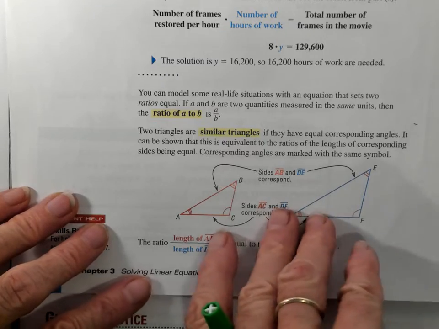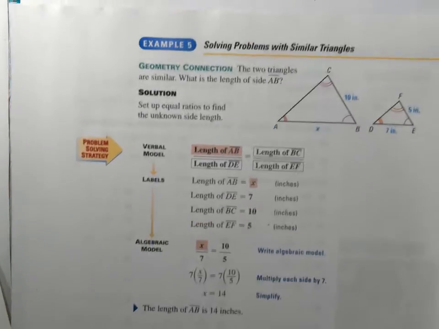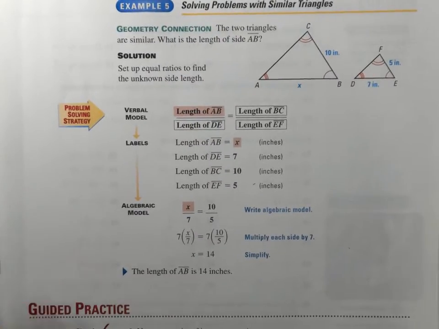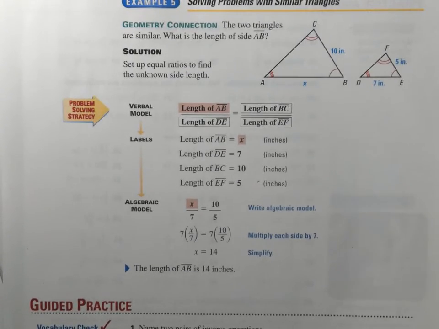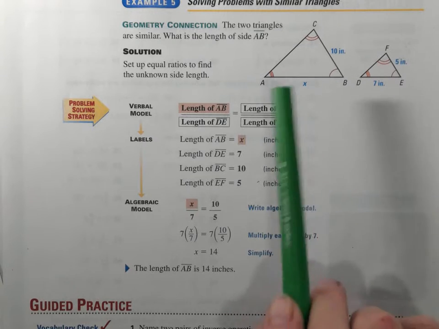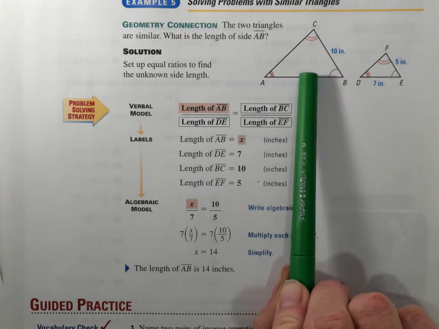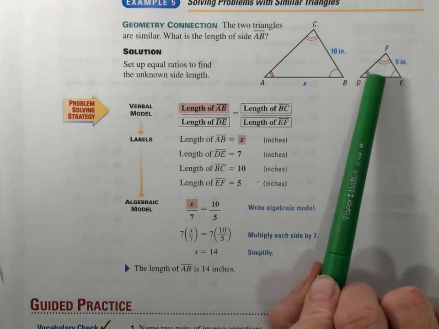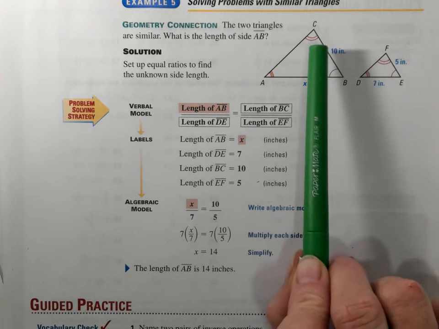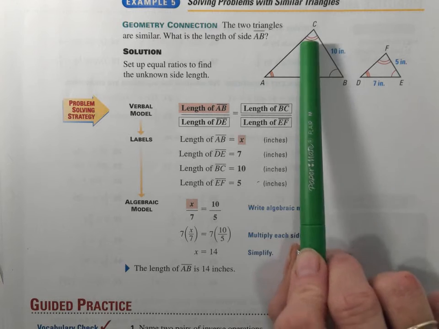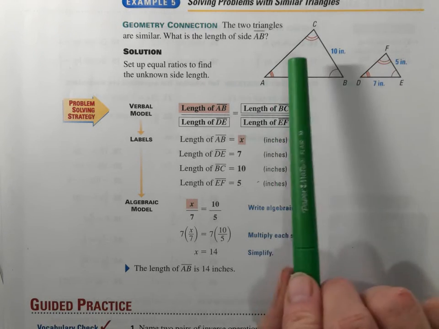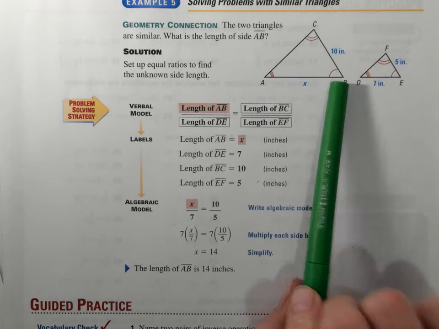Okay, so in the next example, let's take a look at this. All right, well, what they do here in this example is they show you that you have two similar triangles. One is bigger than the other. Now, you can tell that angles C and F are the same. All the similar triangles have the same angles, but their sides are different, okay?